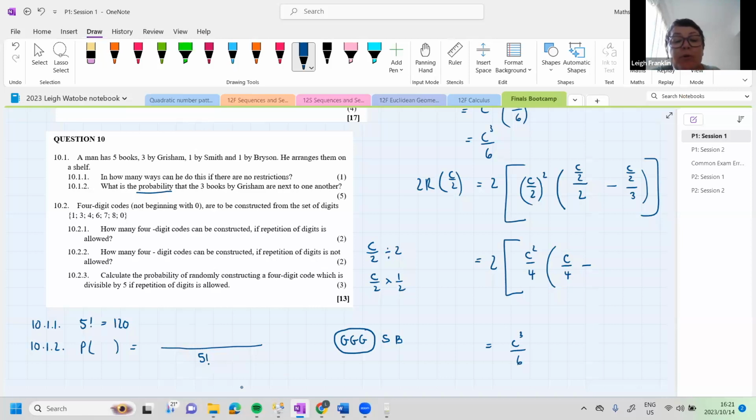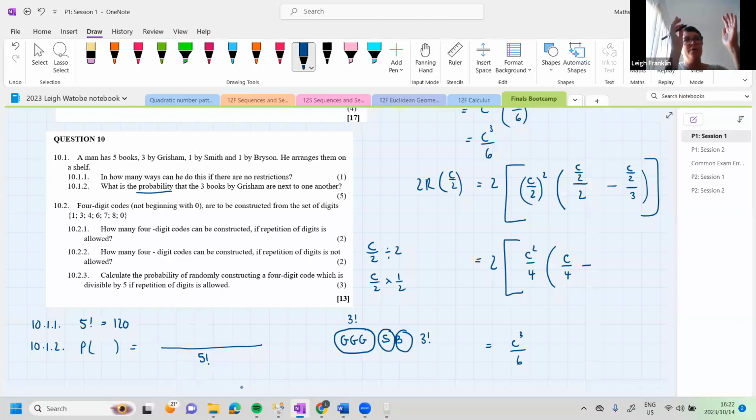These three books by Grisham can be arranged in 3 factorial ways with each other, and then they can be combined with the other books in another 1, 2, 3 factorial ways. Okay, and that's where they have that table where it slides down.